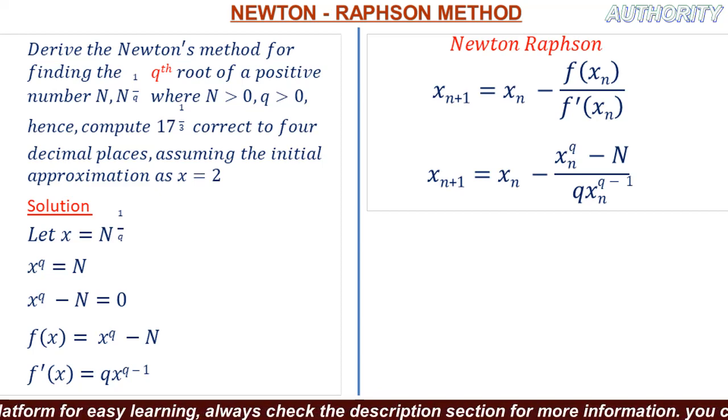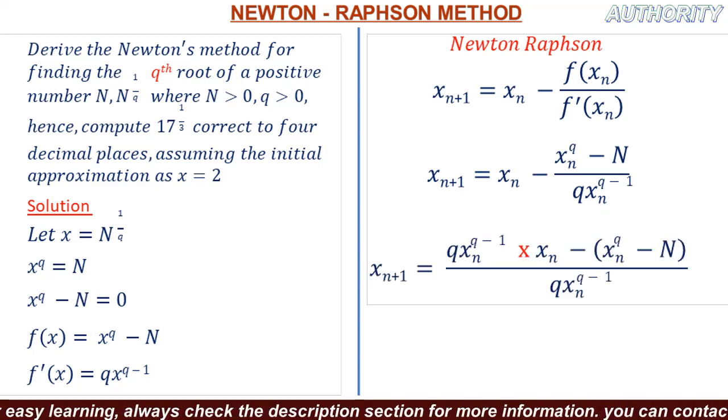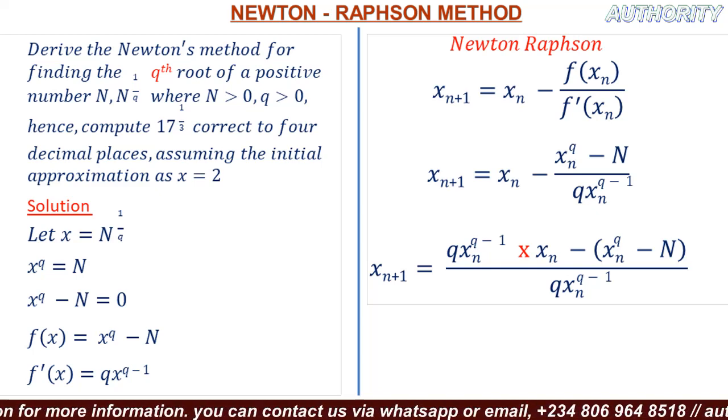Simply, we combine this together. So xn plus 1 is equal to q xn raised to the power of q minus 1 times xn, minus (xn raised to the power of q minus n) in brackets, all over q xn raised to the power of q minus 1.